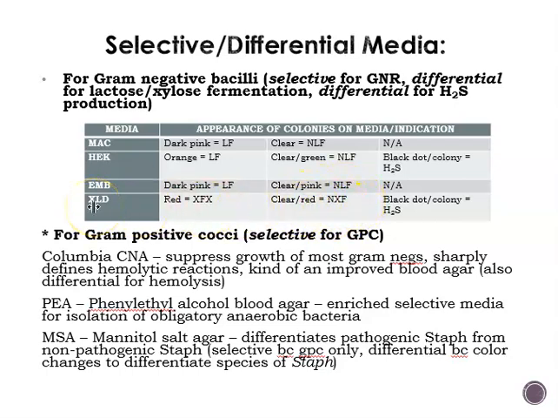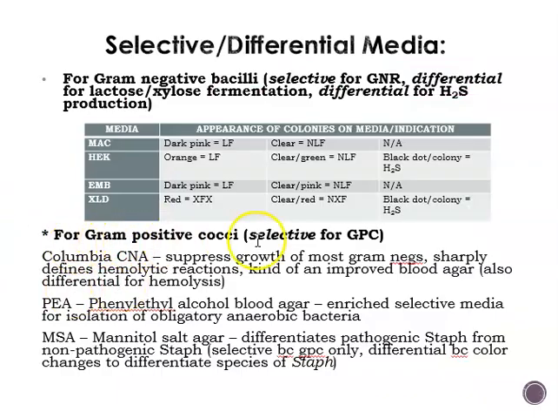The XLD plate starts out red, so your xylose fermenters will make a darker red. Your non-xylose fermenters, which would be your Salmonella or your Shigella, would not utilize the sugar or change the color of the media, so it's going to stay the same original color. But again, they do have the hydrogen sulfide indicator in them.